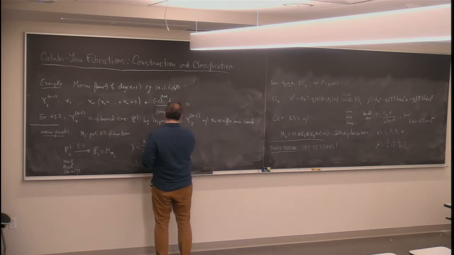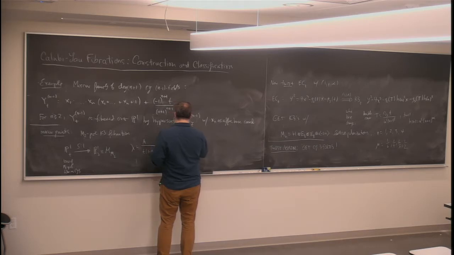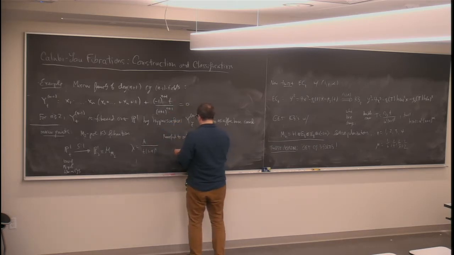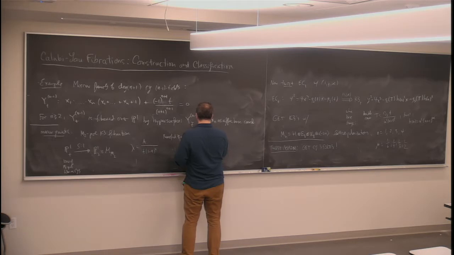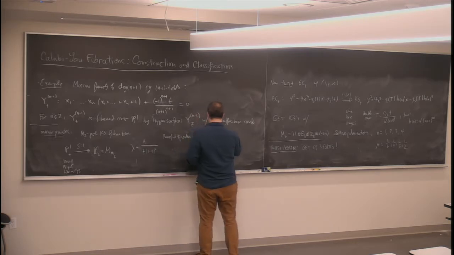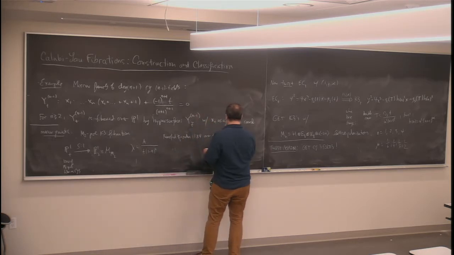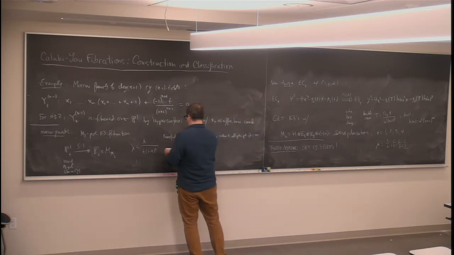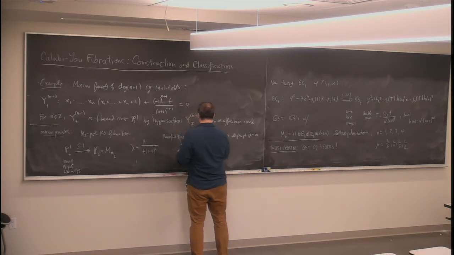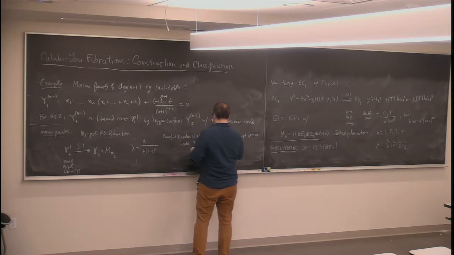And its ramification profile: it's ramified to orders 1 and 4 over the order 4 elliptic point, lambda equals infinity. Order 5 over the cusp, lambda equals 0.